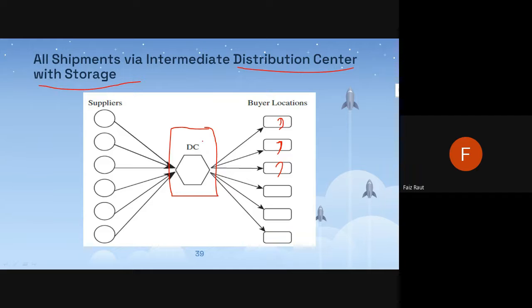They have their own networks, but this is the most relevant for those companies, because the supplies will be more and the buyer locations will also be more. So there will be one distribution center. Even for your kirana stores, when the products are in the market, in distribution, if Marico wants to ship their products to Belgaum, there will be a super stockist.